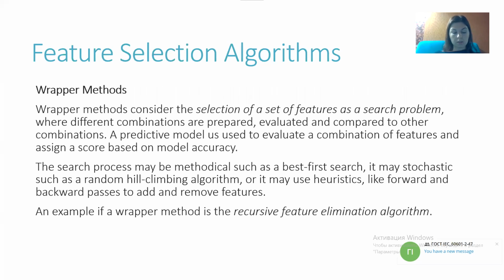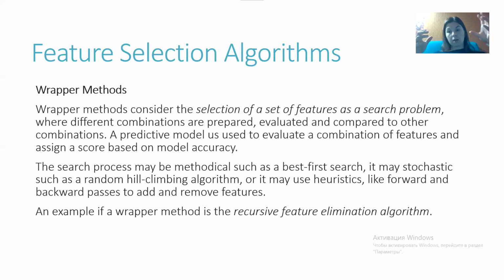Wrapper methods are another group of feature selection algorithms. They consider the selection of a set of features as a search problem where different combinations are prepared, evaluated, and compared to other combinations. A predictive model is used to evaluate a combination of features and assign a score based on model accuracy.